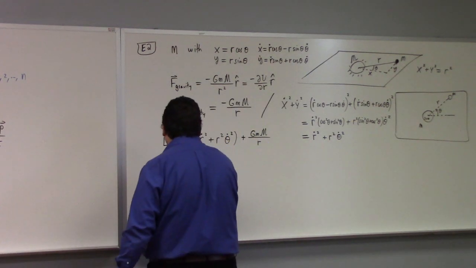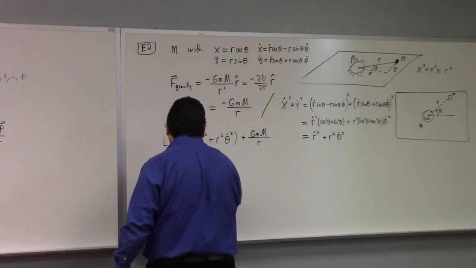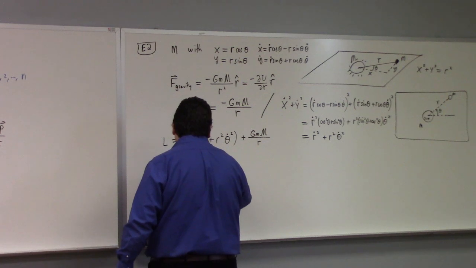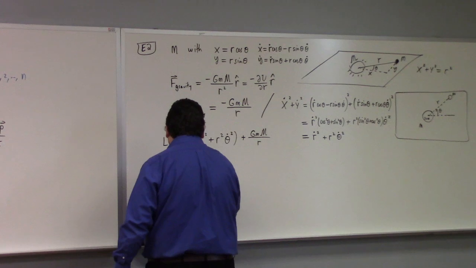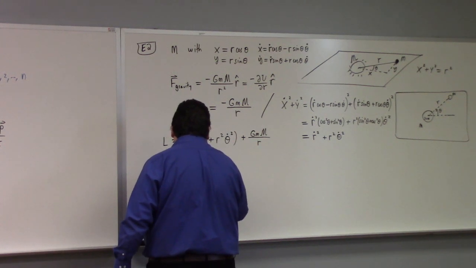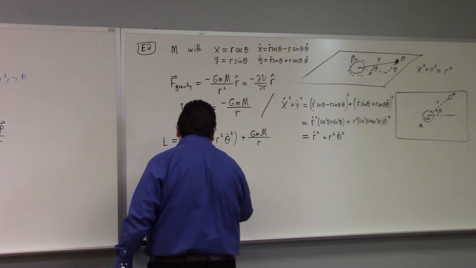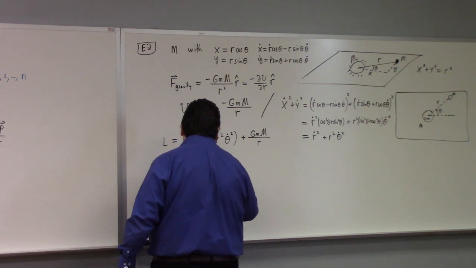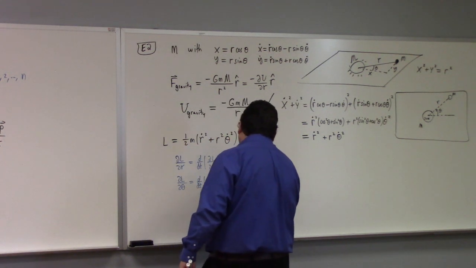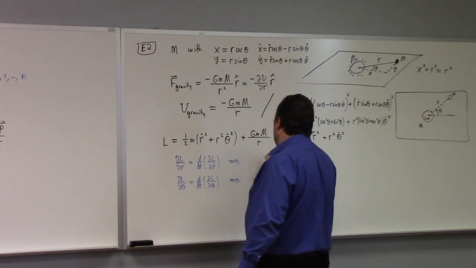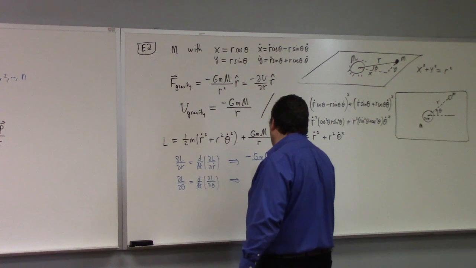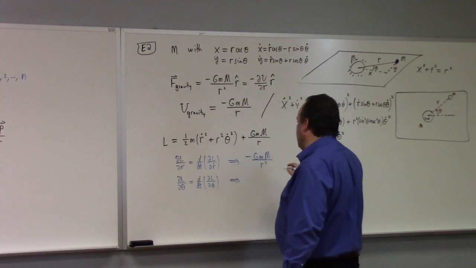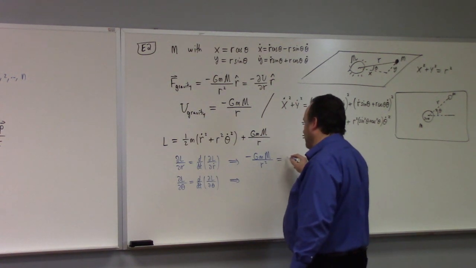So for r, I have partial L partial r is d/dt of partial L partial r dot. And I also have partial L partial theta is d/dt of partial L partial theta dot. What does that give me here? It gives me minus G m M over r squared, and that's equal to d/dt of m r dot, which is m r double dot.